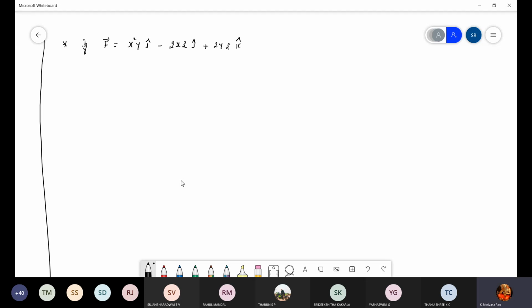Find curl of curl f. So if you want it in symbolic form, del cross of del cross f.